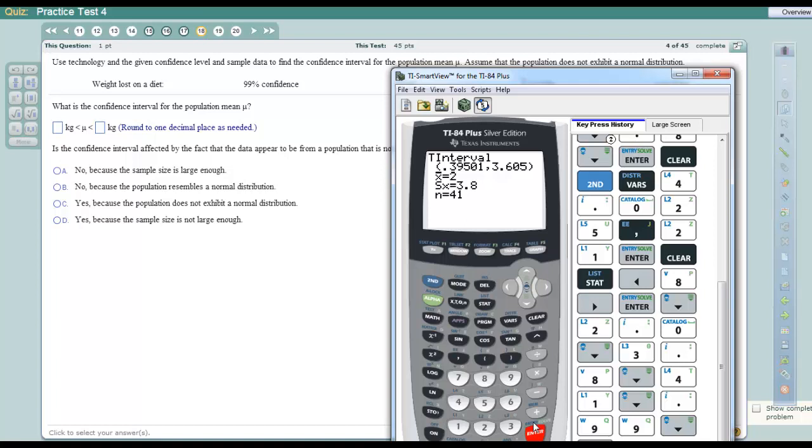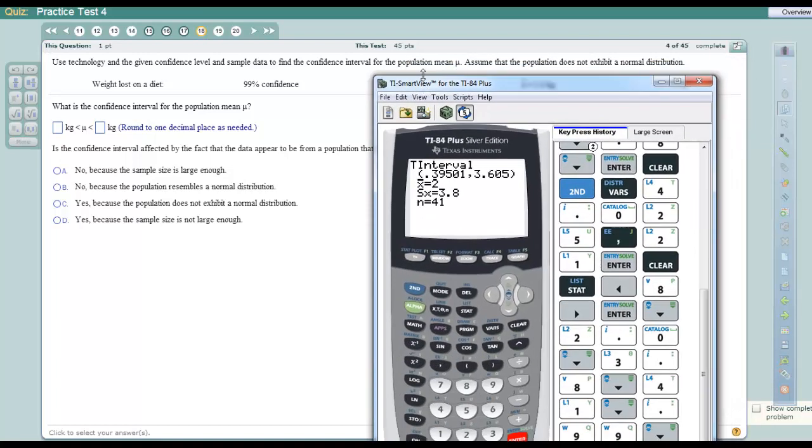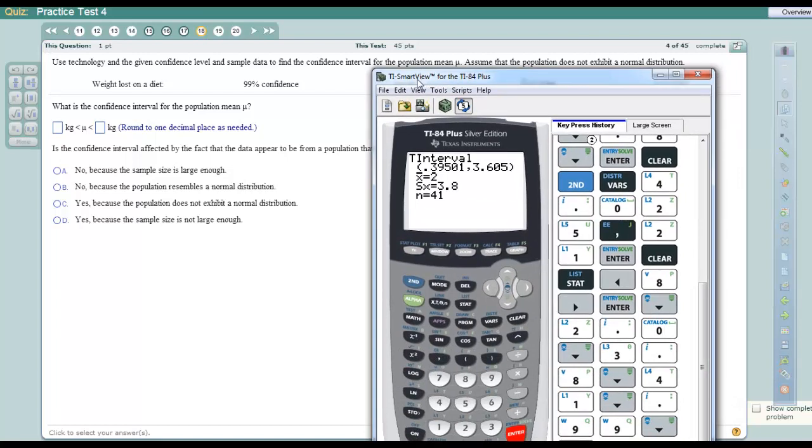Okay, so the next question is, is the confidence interval affected by the fact that the data appear to be from a population that is not normally distributed? When I saw that, the first thing I was thinking about was what this is, but it's weight loss. So that seems reasonable.